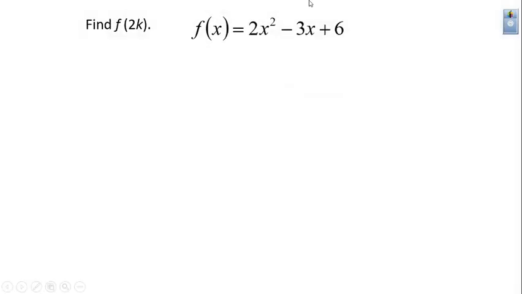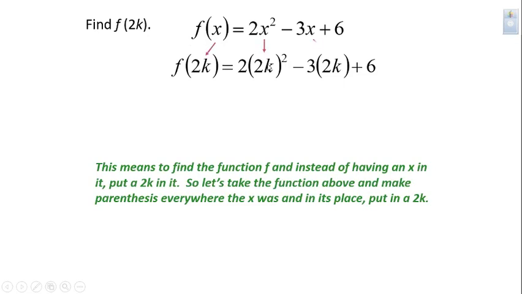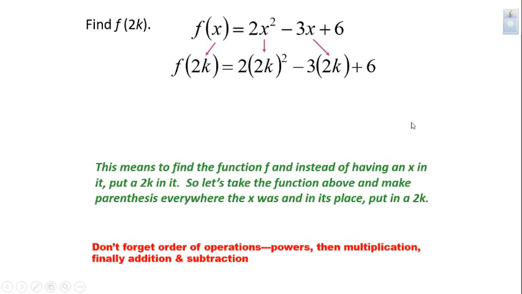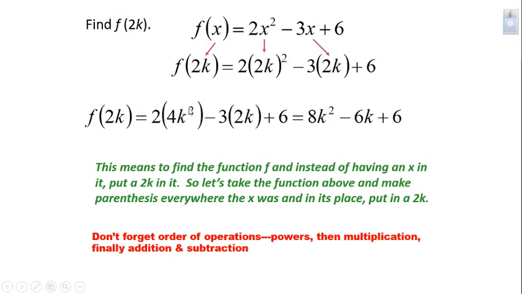Now, what if instead of replacing it with k, we replace it with 2k? Same thing. We replace all our x's with a 2k in parentheses. So wherever I see x, I will replace it with 2k. Then I will use the rules of exponents and multiplication and addition, PEMDAS rules, to simplify. 2k squared means 2k times 2k, so that is 4k squared.